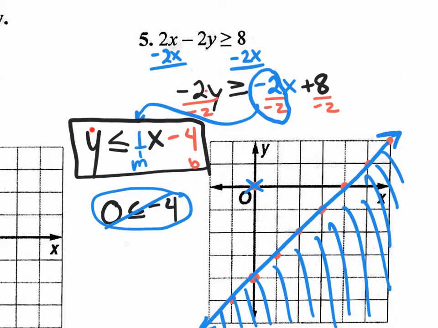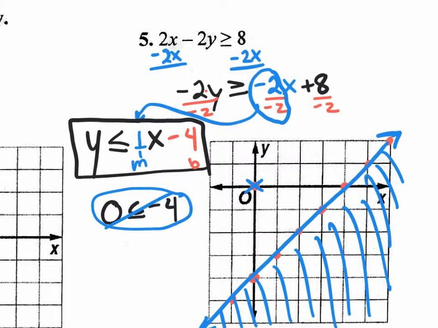Once you get it in slope-intercept form, once y is by itself, you could think, okay, y is going up and down. Y has to be below the line. So below is going to be shading underneath. If it would have been a greater than or equal to, it would have been shaded in on top.